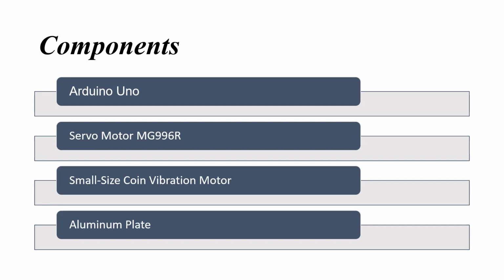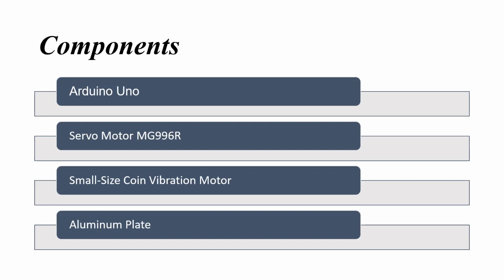Next, a servo motor, MG996R. This is a metal gear servo motor with a maximum stall torque of 16 kg per centimeter. This motor performs a rotation from 0 to 180 degrees. A small size coin vibration motor.